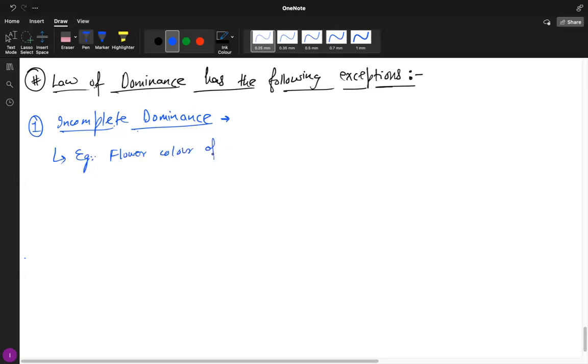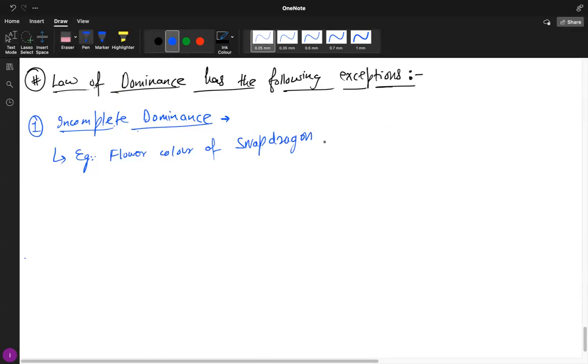So the flower color of Snapdragon. Anyone knows the scientific name of Snapdragon? It's something like Antirrhinum, something like that. Can you find it out from NCERT?